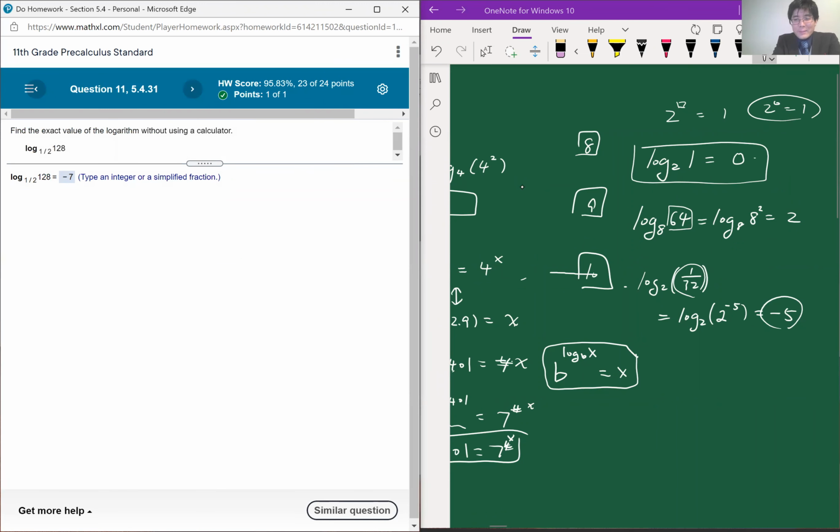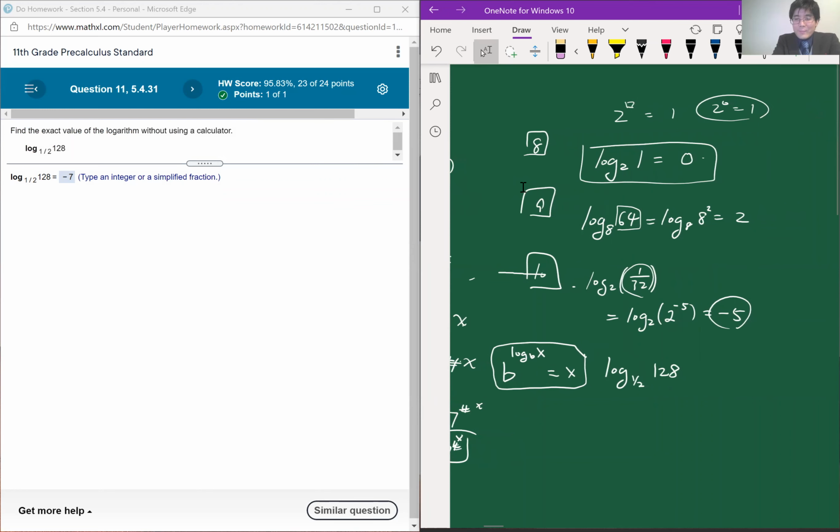Next one is a bit harder. So log base 1/2 of 128. Now, we know that 2 to the power of 7 is equal to 128. This is something to memorize. Now, we have a base of 1/2 instead of 2, so we have to change this expression slightly.